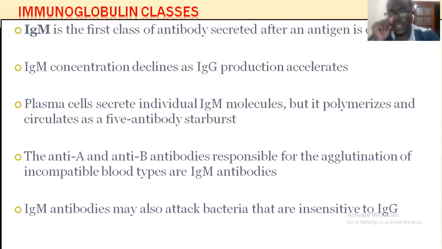So those antigens that are found on red blood cells, the immunoglobulins that are specific for those are called IgM. So the IgM are the ones that can cause blood agglutination because they're the ones that are specific for the antigens that are found in the plasma membrane of red blood cells.